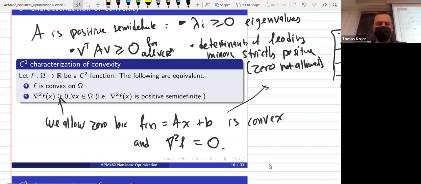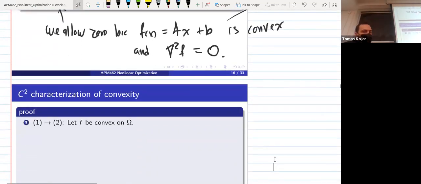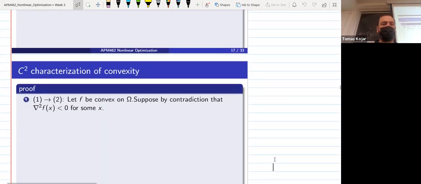All right, questions? I want to stretch this material. I don't want to go fast. Okay, so I'm going to show that if your function is convex, then your Hessian is positive semi-definite. Suppose not. Suppose that you can find some x so that this matrix A would be negative.